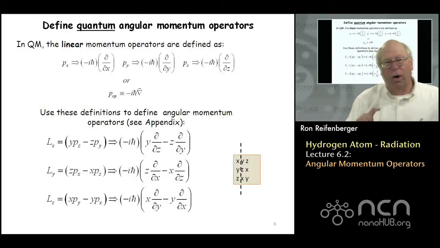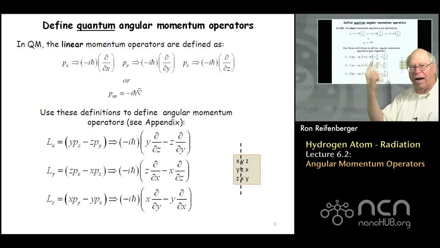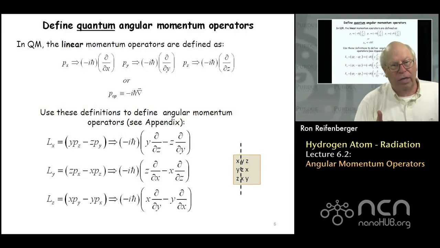The question is, what would the angular momentum operators be in spherical polar coordinates? We want to take these linear momentum operators and transform them into angular momentum operators to properly describe the circular motion of the electron in 3 dimensions. So you have to know the definition of the angular momentum in the x, the y, and the z direction.